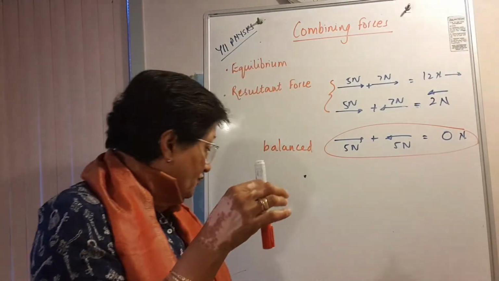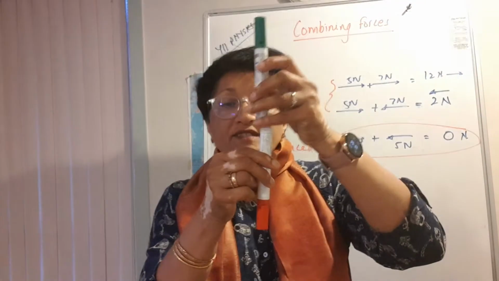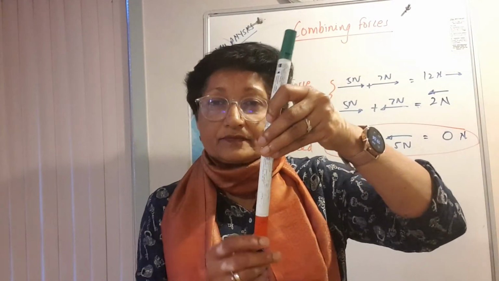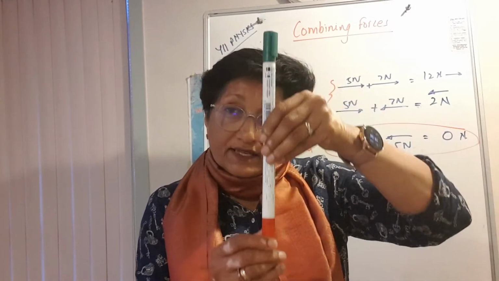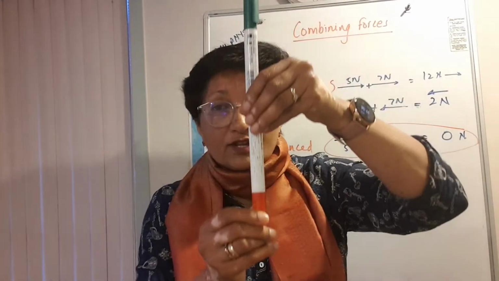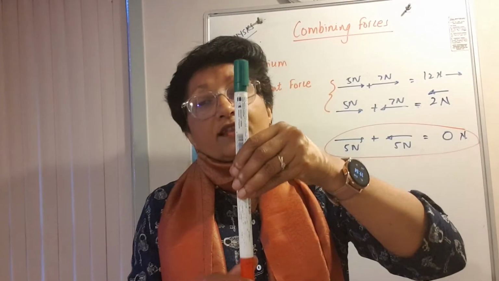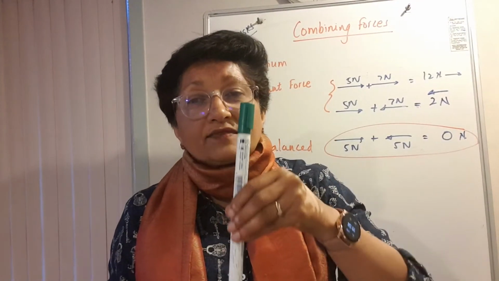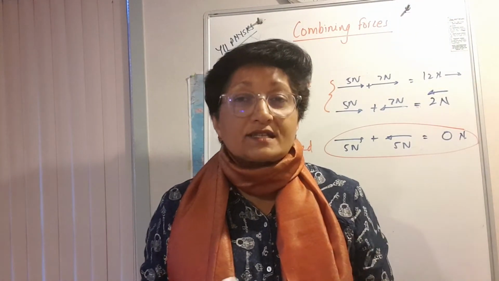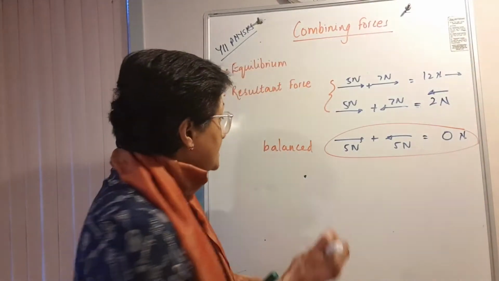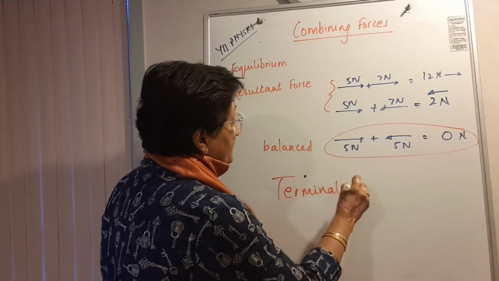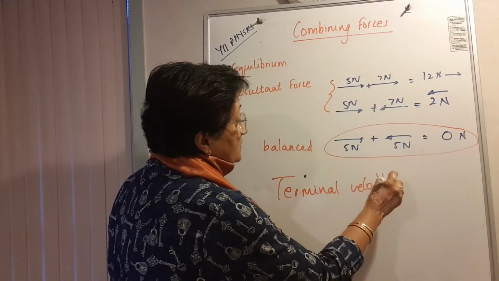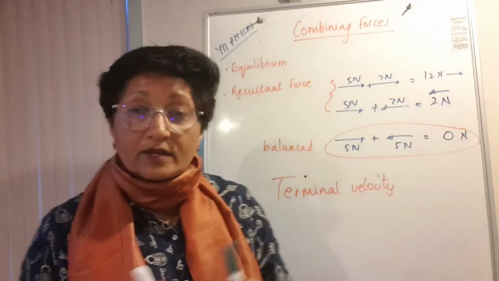When these two forces acting in opposite directions are equal in size, you stop accelerating. The person's still falling down, but at a constant speed. And this constant speed is called terminal velocity. It's not only for falling downwards; you could be going forwards as well.